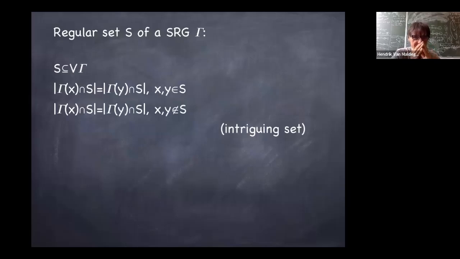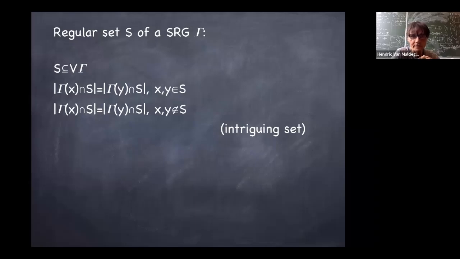And now, in our book, we had a look at a lot of regular sets. What is a regular set? People seem to be interested in regular sets, sometimes also called intriguing sets. The definition is as follows. It's a subset S of the set of vertices, of course.